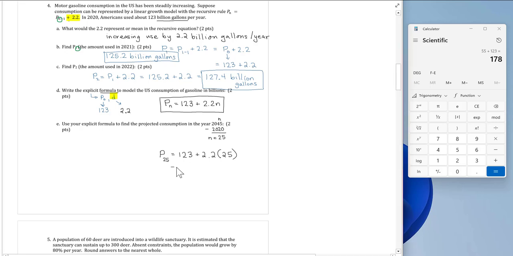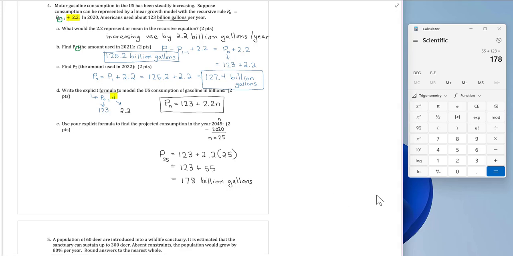Throw that in your calculator and you'll find that that's equal to 123 plus 55, which equals 178. And again, I would suggest you add your units there. That means that in the year 2045, we will be consuming 178 billion gallons of gasoline.